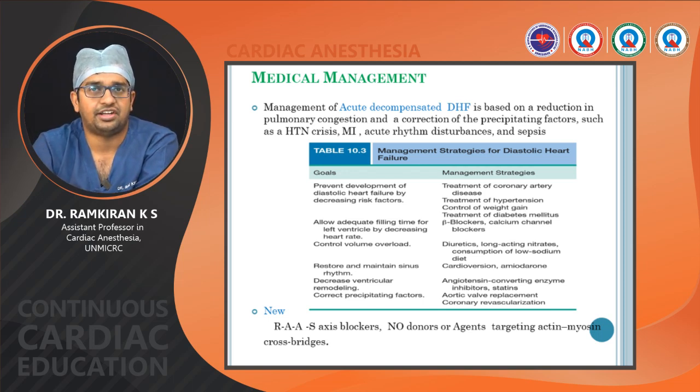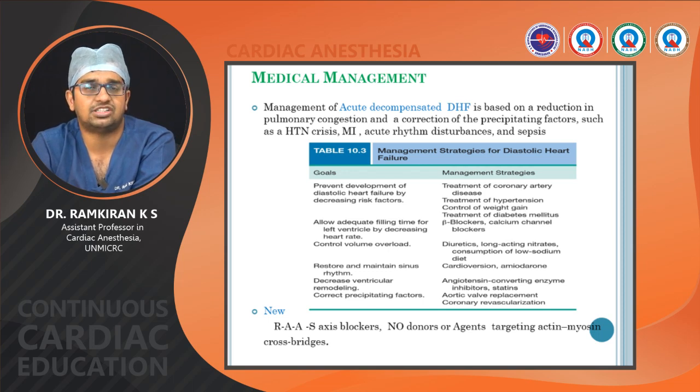Treat coronary artery disease, treat hypertension, control weight gain, treat diabetes mellitus, and use rate limiting drugs like beta blockers, calcium channel blockers and diuretics. Yes, you have to use them very carefully. Apart from that, long acting nitrates and a low sodium diet can all be management strategies.